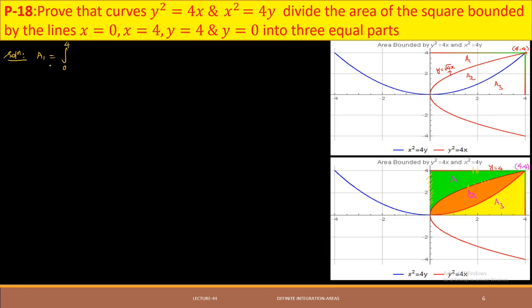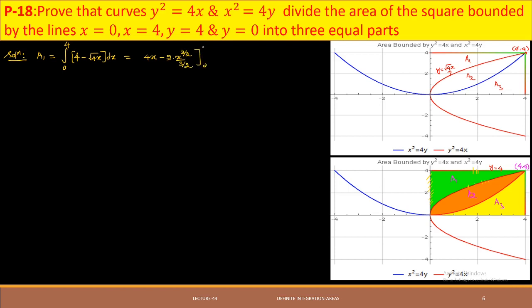The upper curve here is the straight line y is equal to 4, minus the red color curve, root of 4x, into dx. So that is equal to integration, 4 is 4x minus 2 into x to the power 3 by 2 divided by 3 by 2.